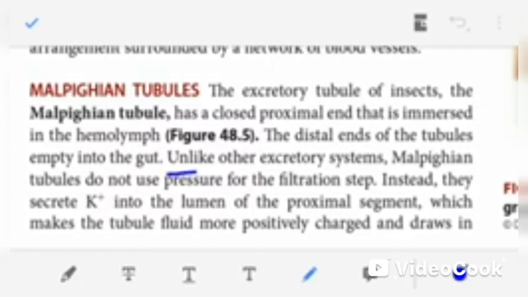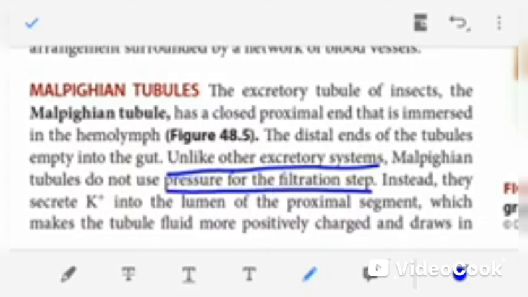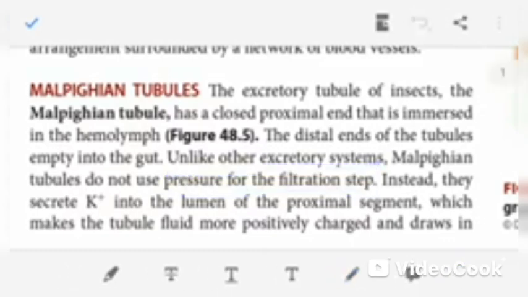Now, unlike the excretory system, Malpighian tubules do not use a pressure filtration step. In urine formation, the first step we know is pressure filtration, but that step is absent in the insect. So instead, what happens in the insect?